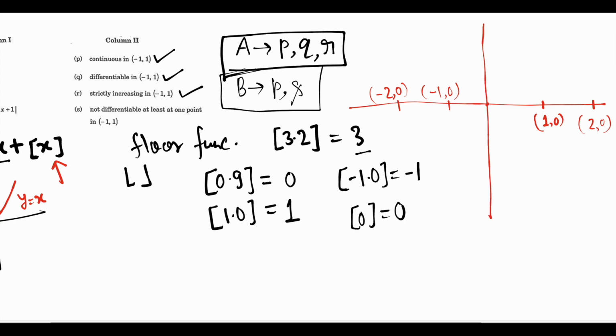We have already seen that for value 0, the floor function will provide us value 0. So now let's see how it will behave between 0 and 1.